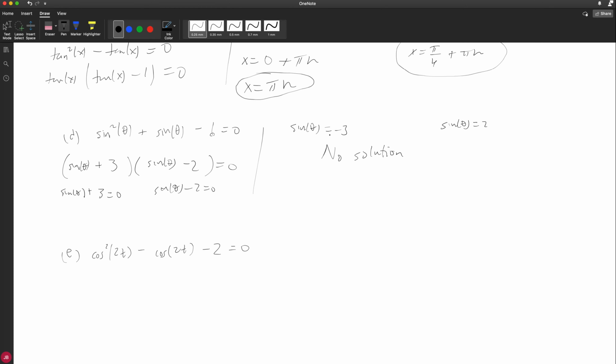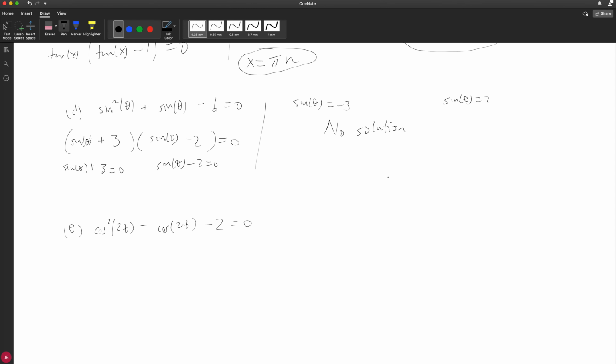It doesn't spit out any numbers that are less than -1, like -3, or bigger than 1, like 2. So this equation has no solutions, just based on the properties of sine.